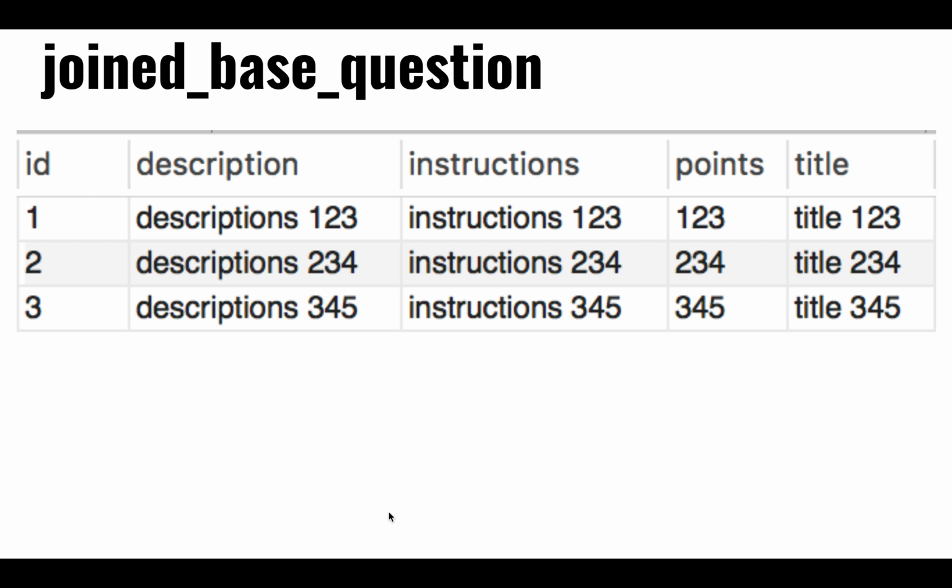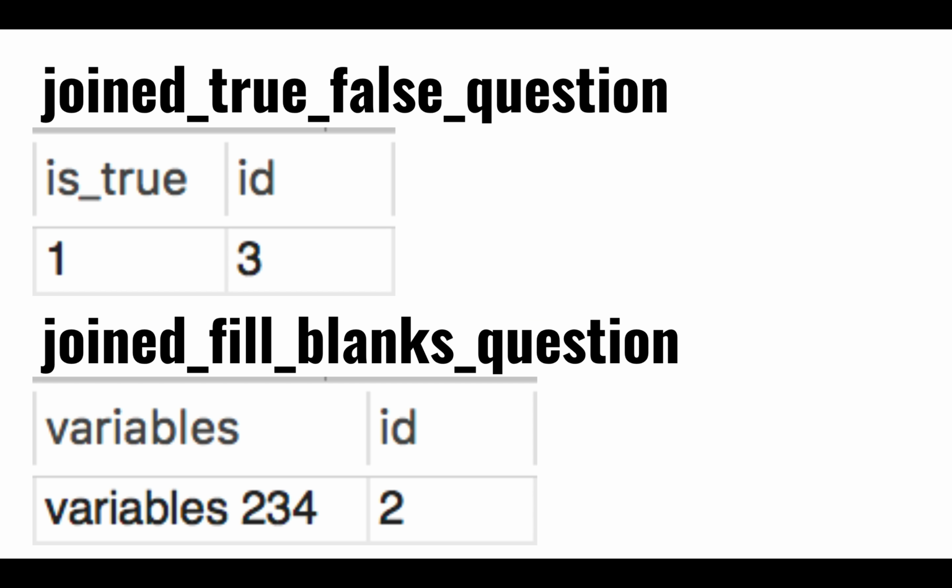This is the true/false and the fill in the blank, storing half of the attributes in one table, and the other half of the attributes stored in each one of these two tables. Make sense?